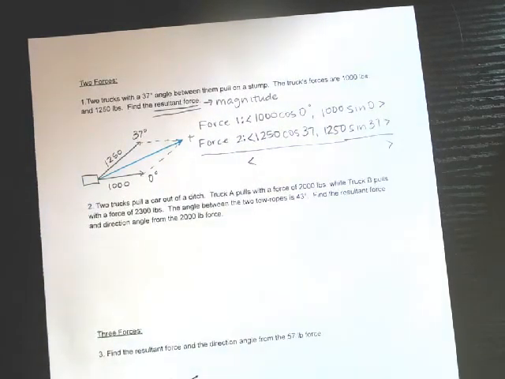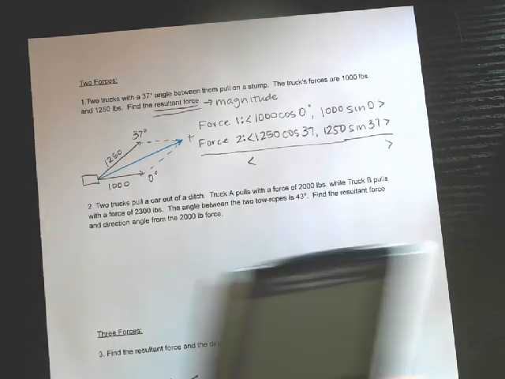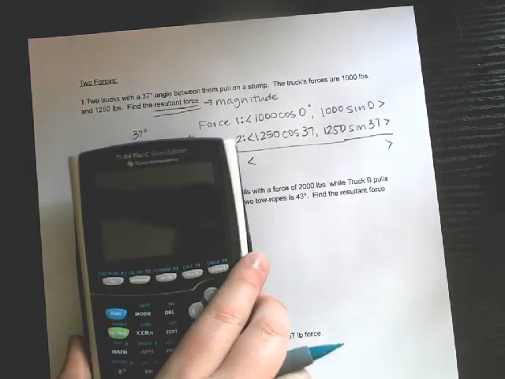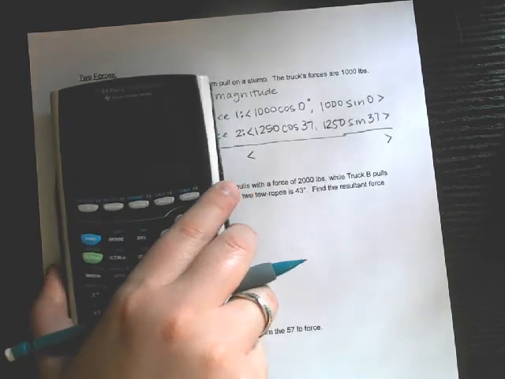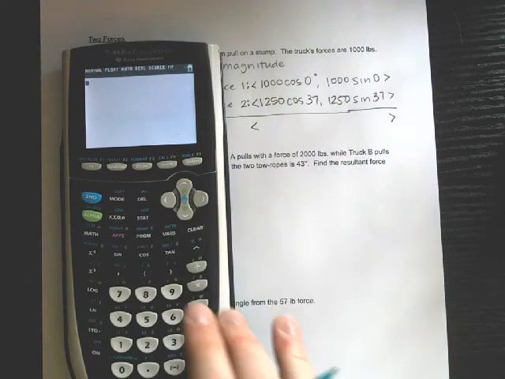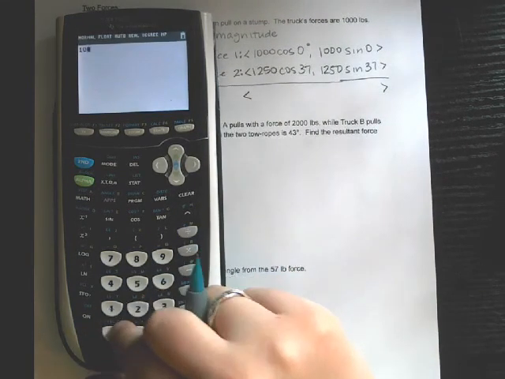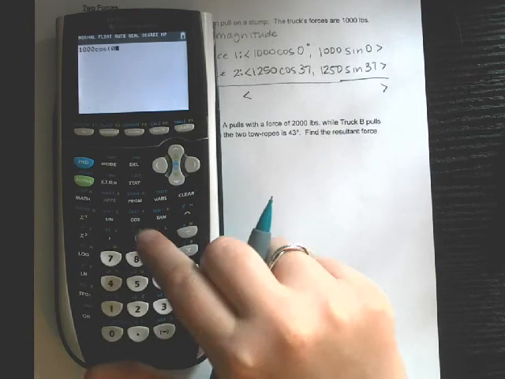Now, I want to find the addition of these 2 because that would give me my component form of that diagonal. So I know I can just go ahead and add down horizontally and then add down vertically. So I'm going to do some stuff on my calculator here. I am going to cover up my picture so that you can still kind of see my calculator and then see my work next to it as well.